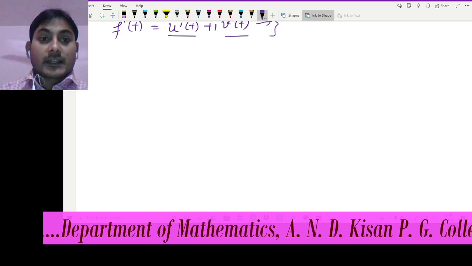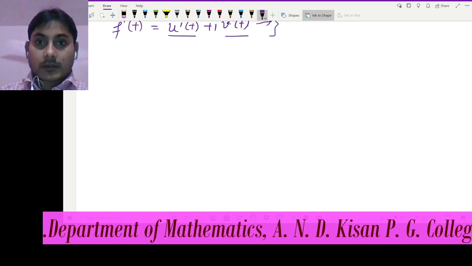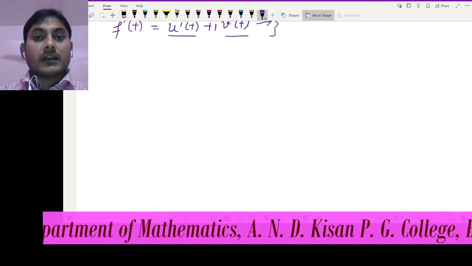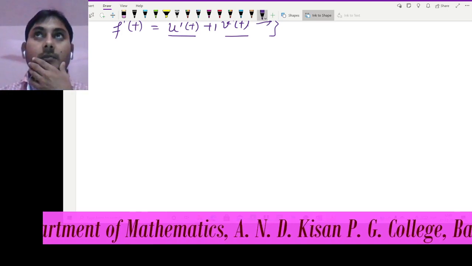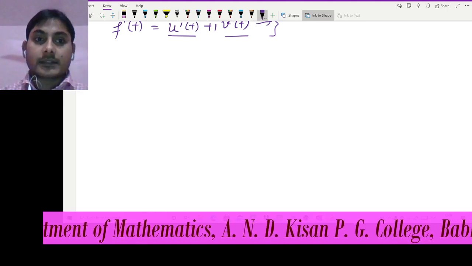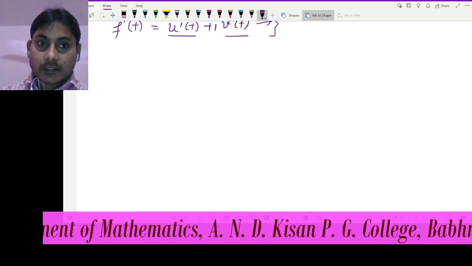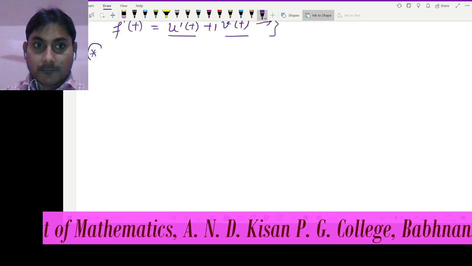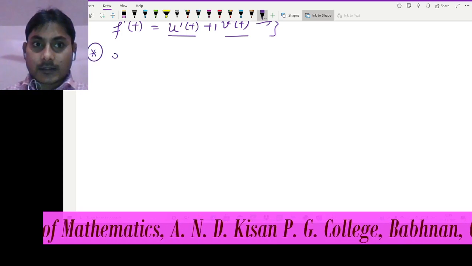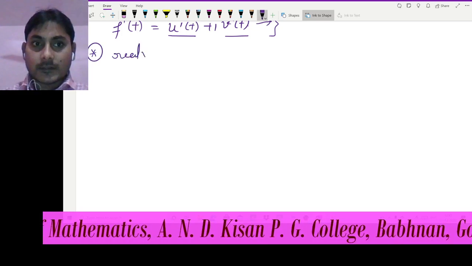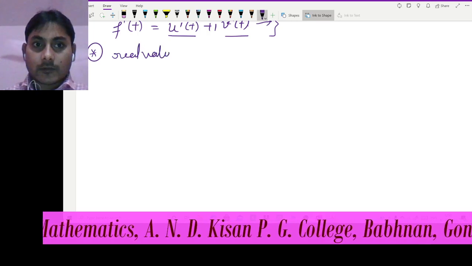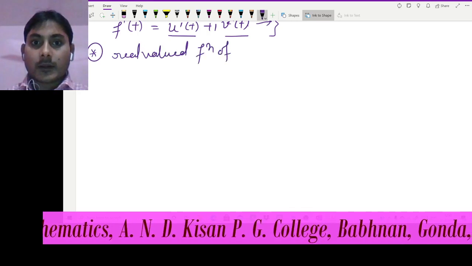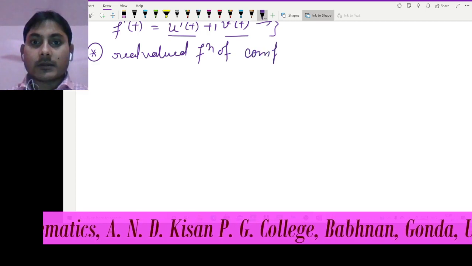So what is the next one? The next one is quite important, and I have already mentioned in the class that if you take this particular thing, it is a real valued function of complex variable.